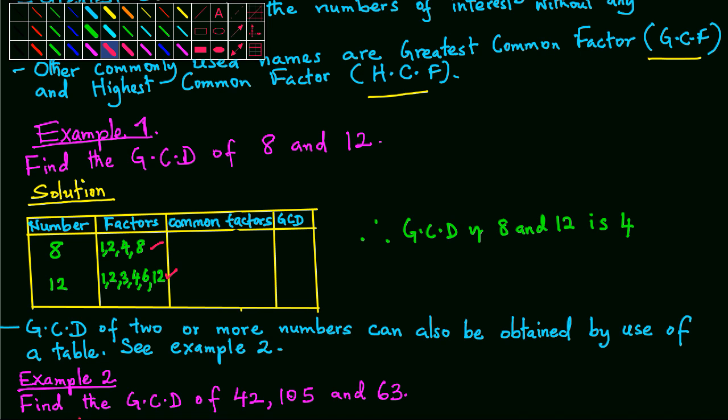So we can therefore list the common factors from this list. So 1 is common, 2 is common, and 4.